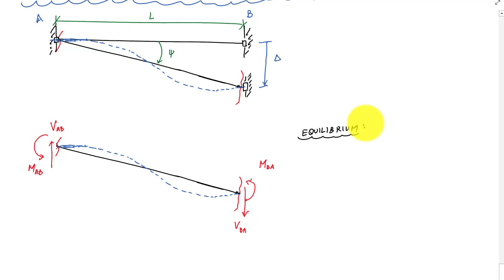And here, if I sum the forces in the vertical, this would just tell me that VBA equals VAB. Yay!